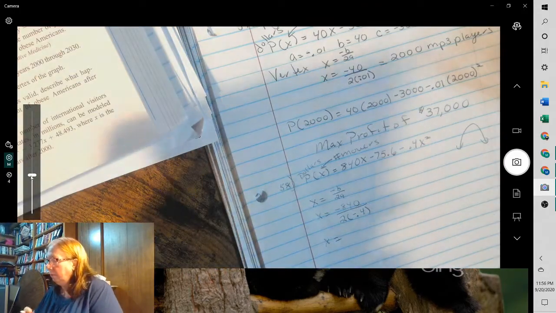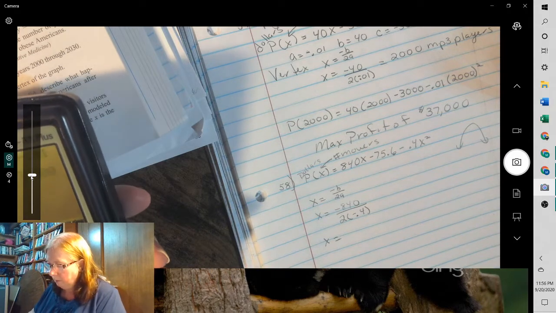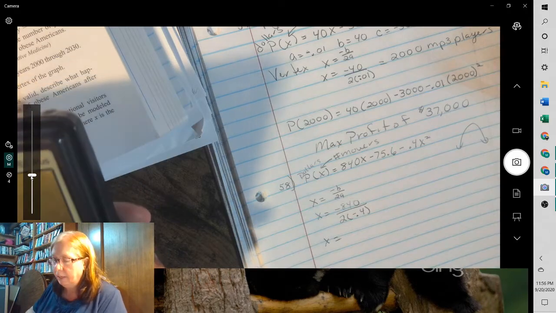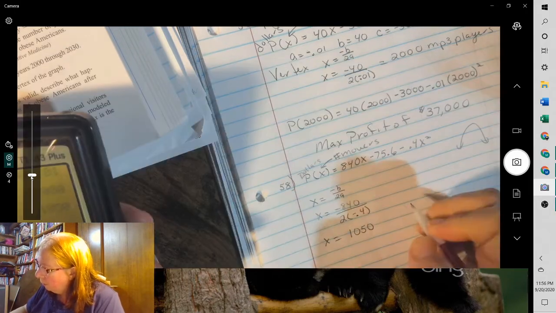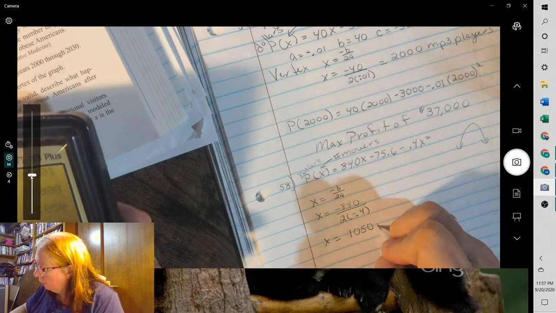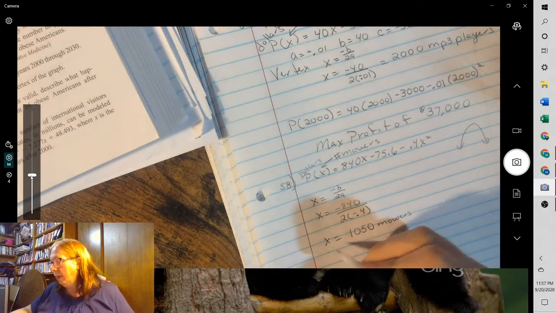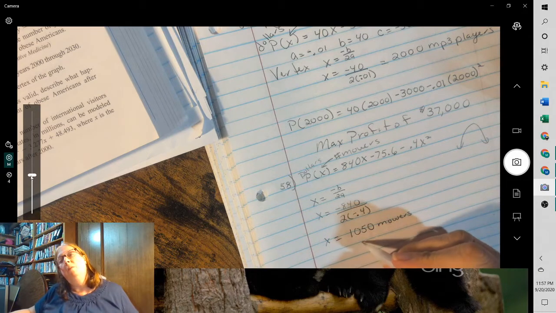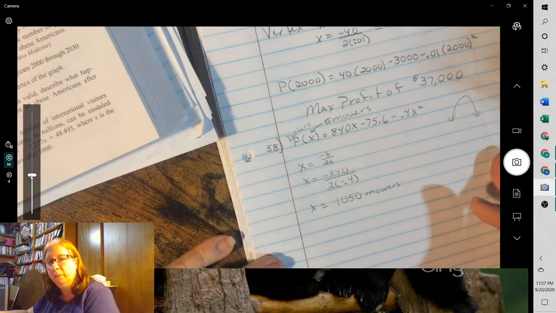Plug that in. Negative and negative is a positive. 840 divided by 0.8. So x was mowers. 1,050 mowers will give the maximum profit.